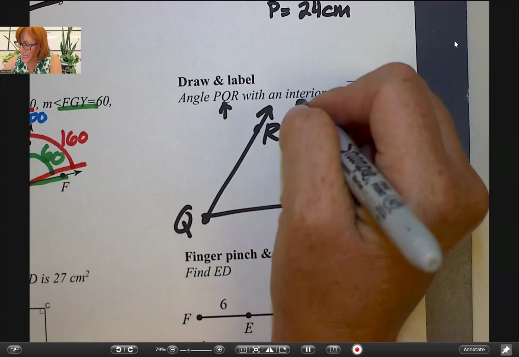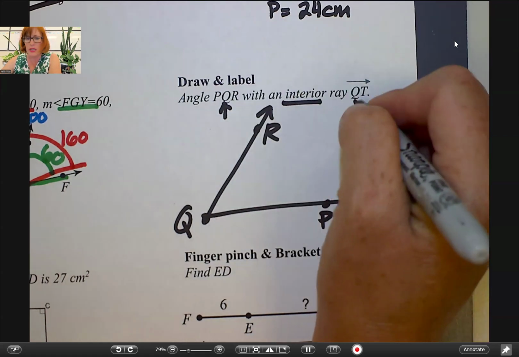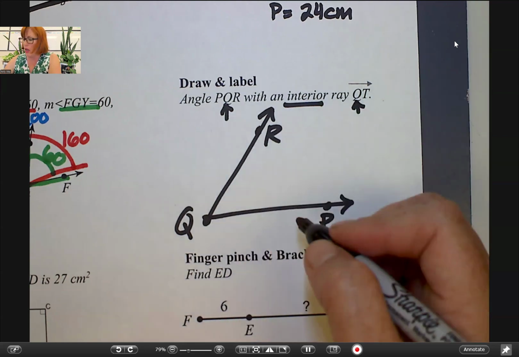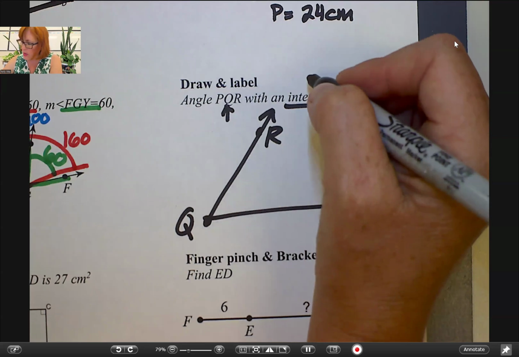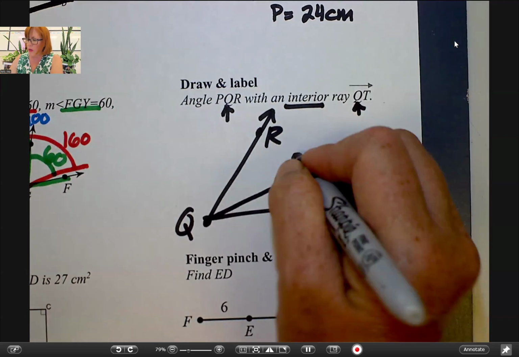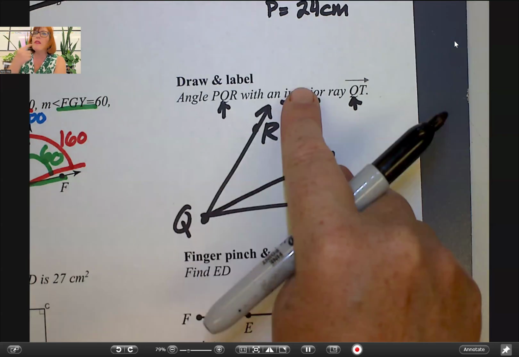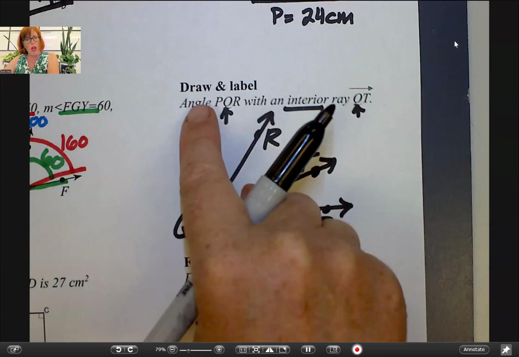Underline the word interior, QT. Notice Q's the endpoint. It doesn't say which way to angle it, but never put it in the exact middle unless you see the word bisect. So I'm going to offset it a little. T. Read, finger, lips, out loud, draw and label.